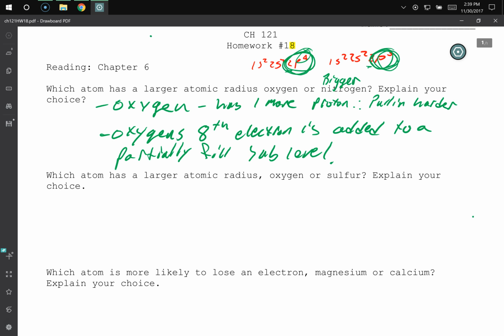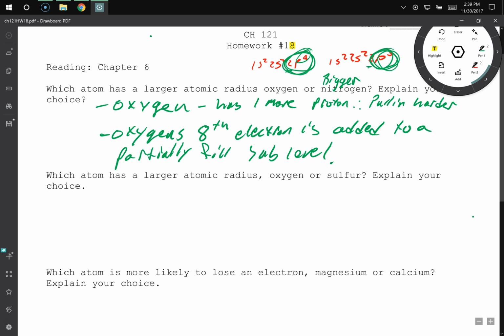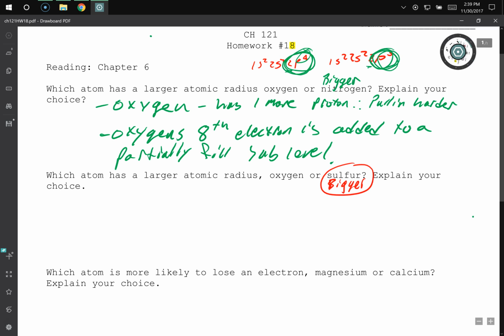Okay, so how about the oxygen and sulfur? Which one of these guys is bigger? Sulfur. Sulfur is definitely bigger. All right, what's the explanation here?